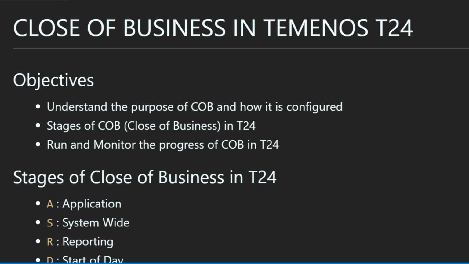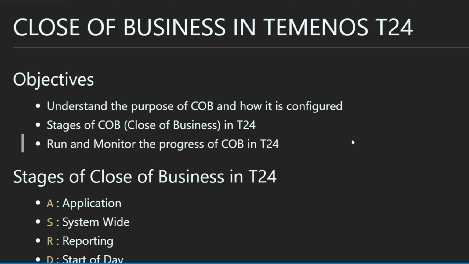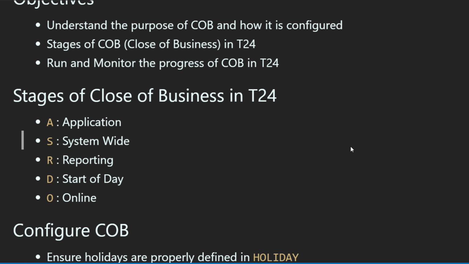Now, what are the stages involved in COB in T24? There are 5 stages in COB in T24. The first stage is application. In this stage, the system executes the jobs which are related to the individual applications, like fund transfer, accounts, forex, securities, and so on.